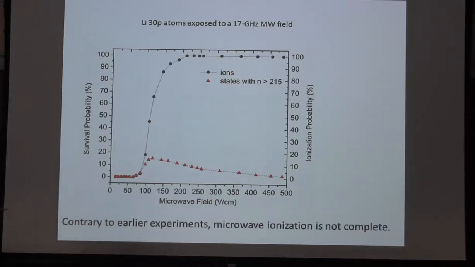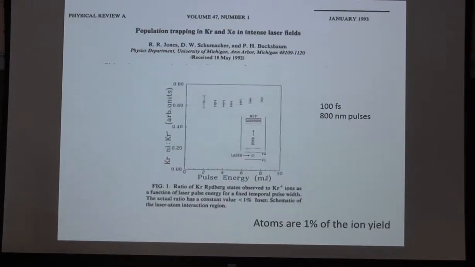Now, this is again something that's not peculiar to microwave ionization. I think something very similar, maybe exactly the same thing, was observed by Bob, Doug Schumacher, and Phil Buxbaum 20 years ago, when they found that after exposing krypton and xenon to intense 100 femtosecond pulses, about 1% of the population wound up as excited atoms in Rydberg states as opposed to ions.